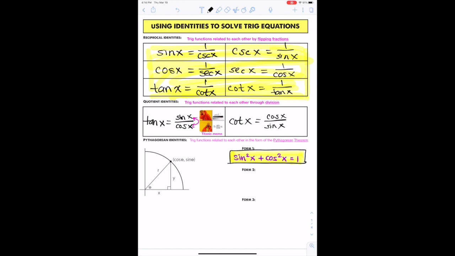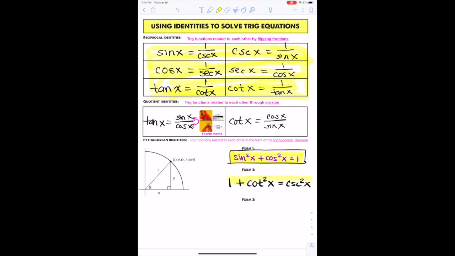Okay. Again, if you do the derivation, you can figure out that you could divide everything by sine squared, and you would get 1 plus cotangent squared x equals cosecant squared x.